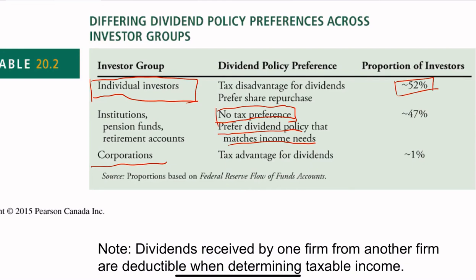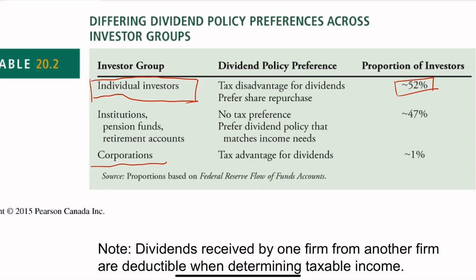So from these firms' perspective, there is a tax advantage for dividends. So if you look at these numbers, you can see that for about 52% of investors, dividends have a disadvantage.